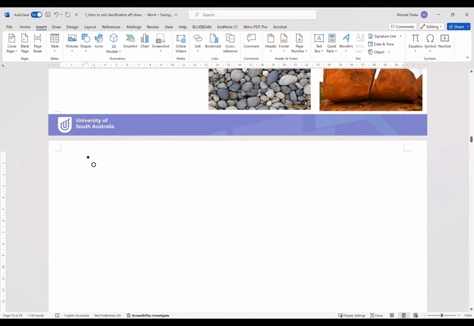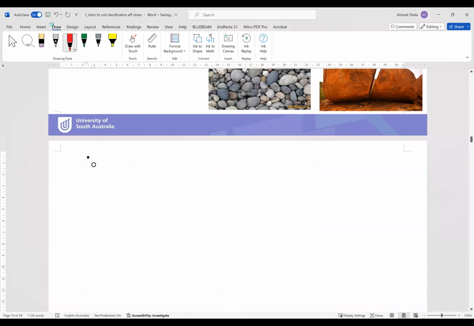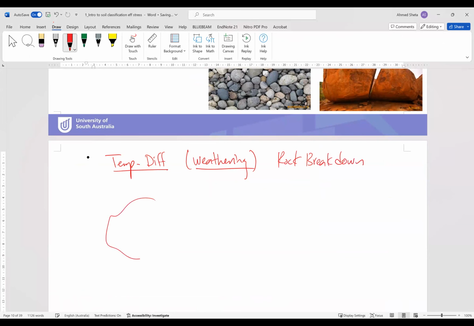So here, we have temperature difference, just explaining how temperature difference causes weathering or rock breakdown. For example, we have a big rock, and during the evening time, the rock is cold, under cold temperature.